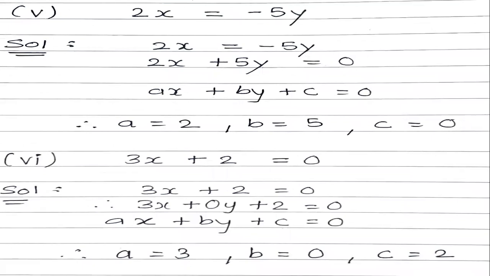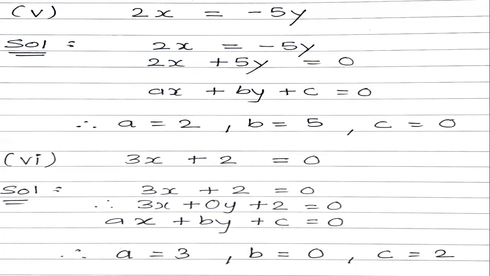Here, as you could see, which is very similar to the previous question, which is 2x is equal to minus 5y. I'll do the same steps, bring everything on the left hand side. So I'll have 2x plus 5y is equal to 0. And then all that I'll do is to compare it with the standard form of linear equation, which is ax plus by plus c is equal to 0.